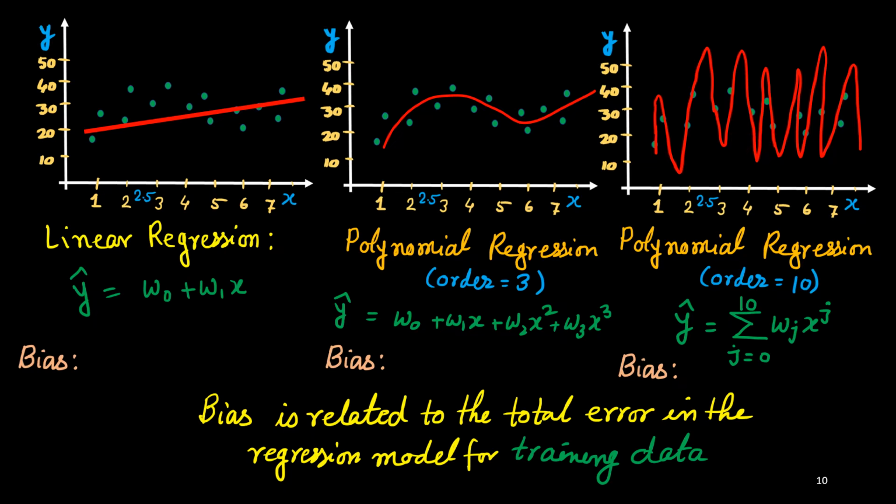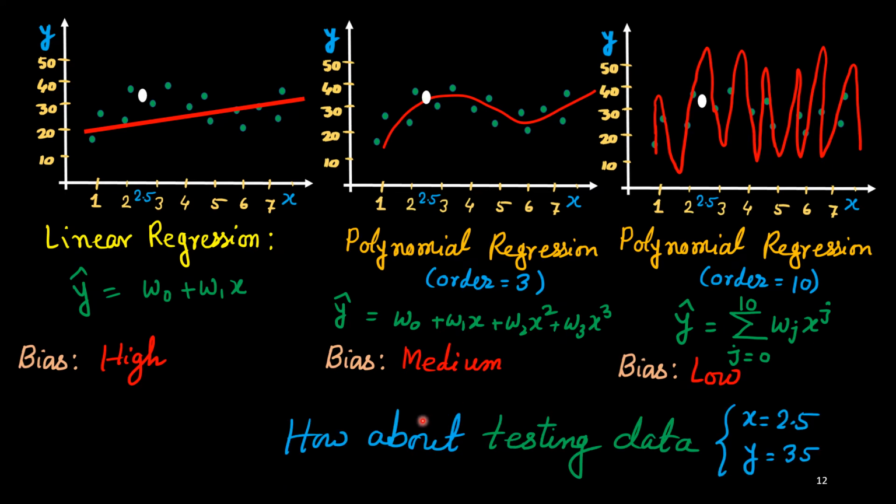So I can say that for linear regression, bias is high. For polynomial regression with order 3, the bias is medium, and for the third one, the bias is low. Now, we want to understand how it behaves with respect to testing data.